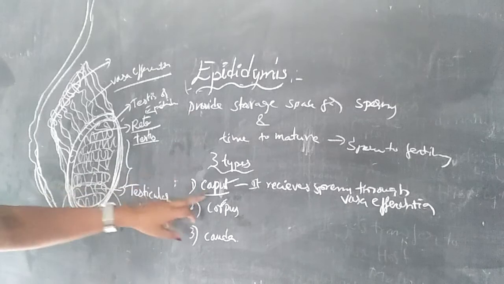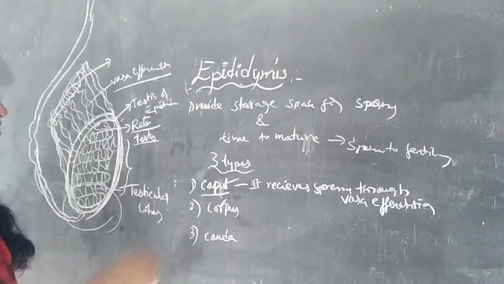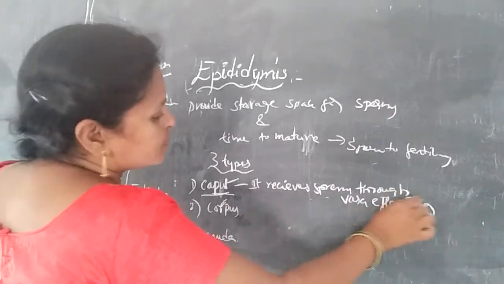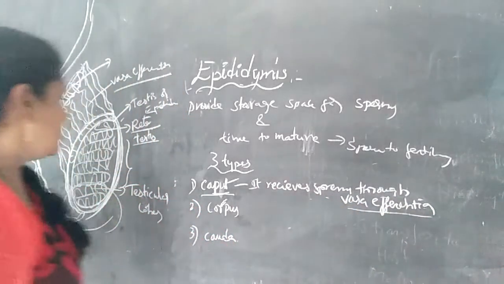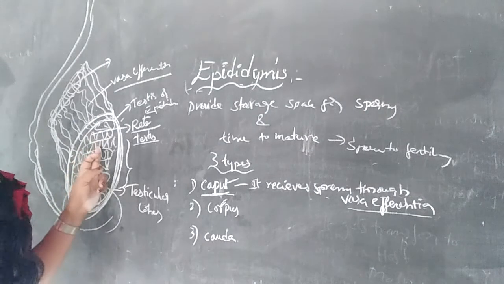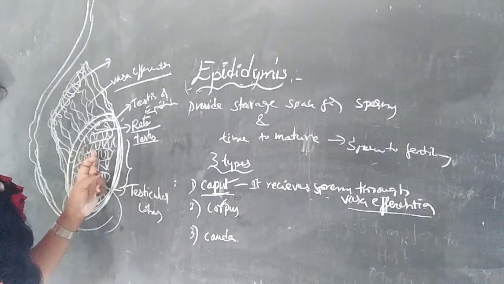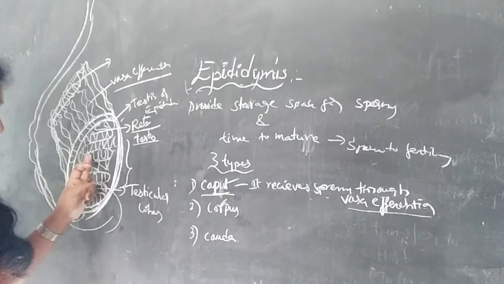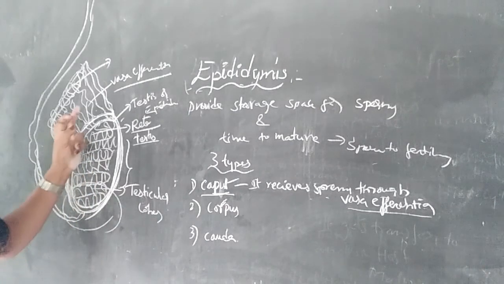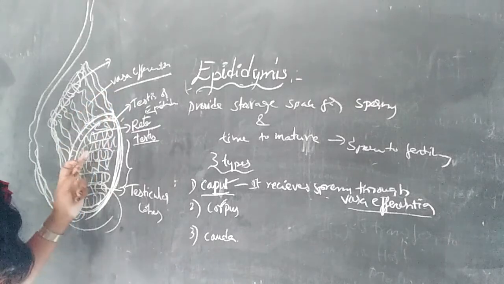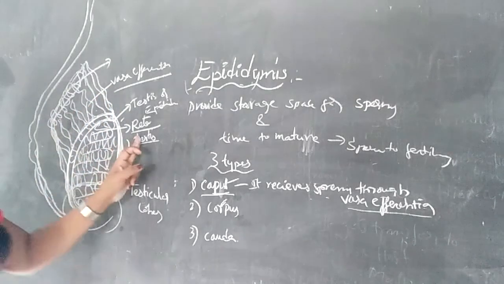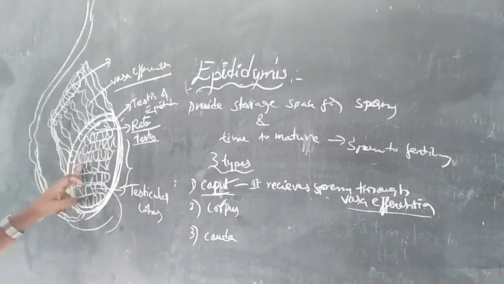The first one is the caput epididymis. It receives sperms through the vasa efferentia. Inside of the testis they form a number of sperms, and these sperms are carried through the rete testis to the vasa efferentia.